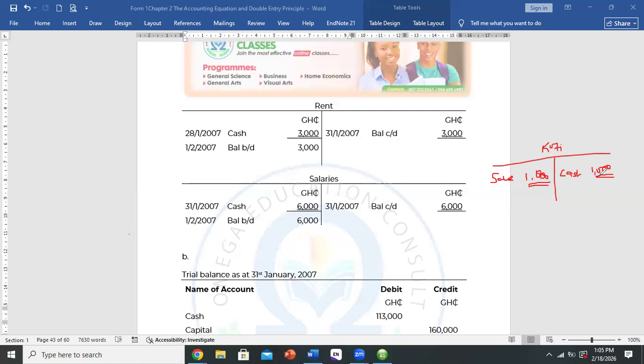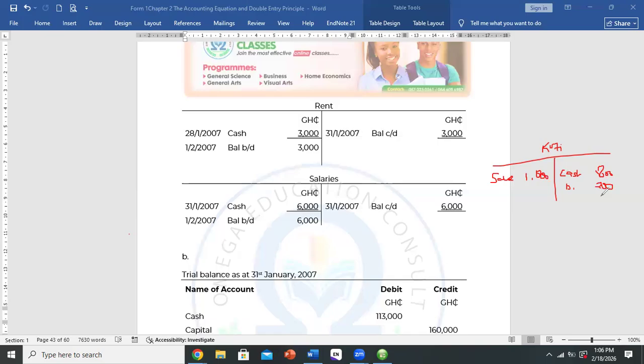Let me put a situation where, for example, Kofi paid a cash of 800. So there was a discount. So 800 like this. Then there was a discount of 200. Again, if we go through the stages of balancing, we'll add here, which is 1,000. We'll add here, we'll get 1,000. So again, there will be no difference.